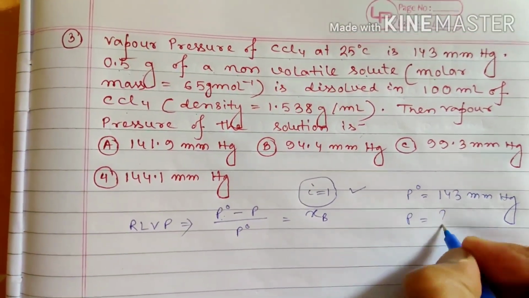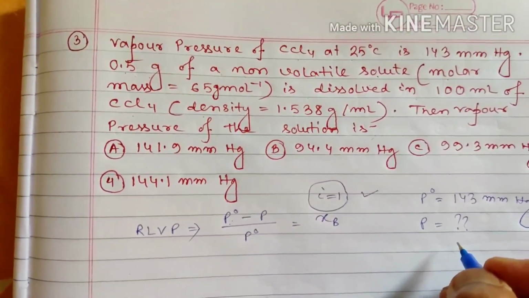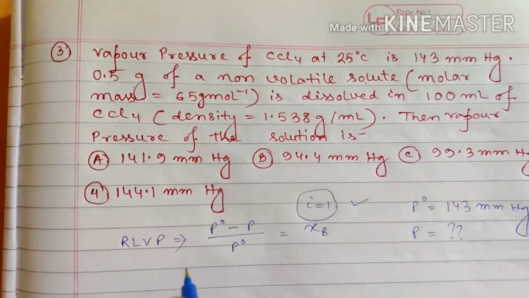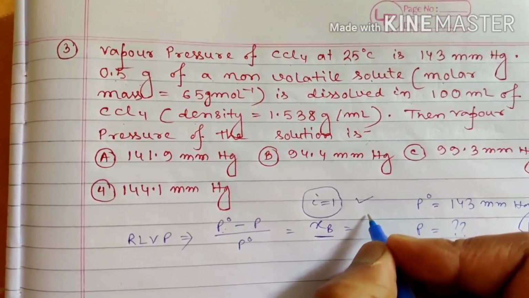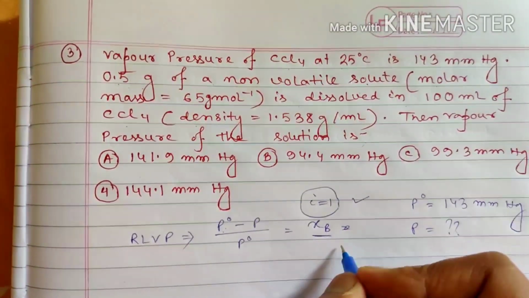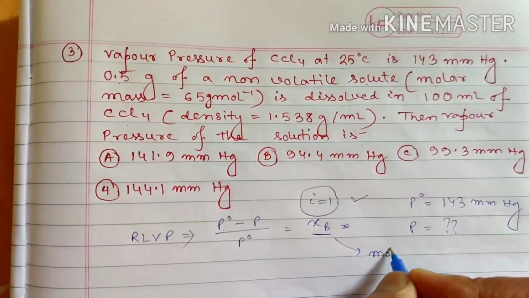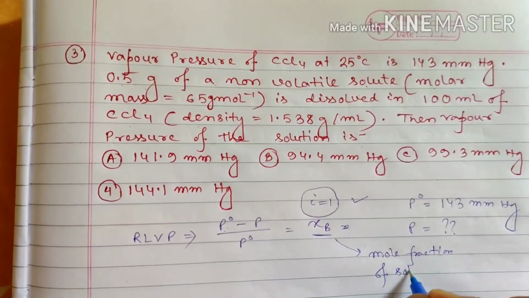P, we have to find out, is the vapor pressure of the solution after adding the non-volatile solute. xp here means the mole fraction of solute.